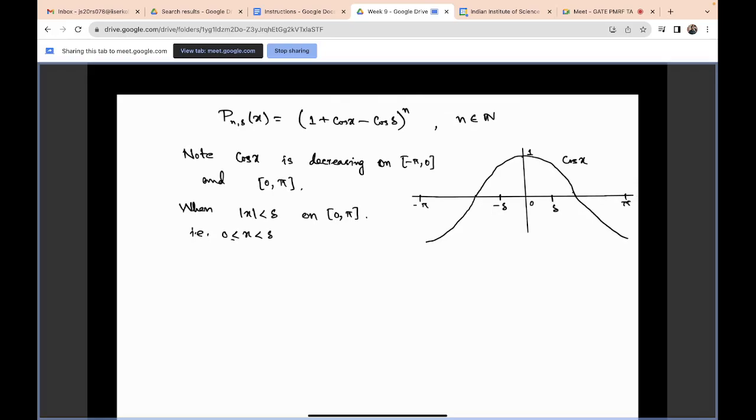As cos is decreasing, therefore cos x minus cos delta is positive, because delta is bigger, so cos at the point x is bigger than cos delta on 0 to delta.